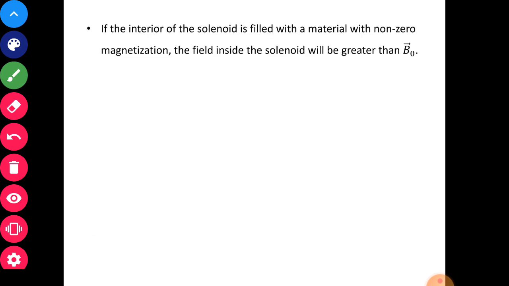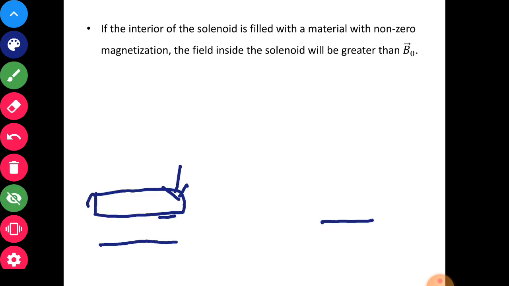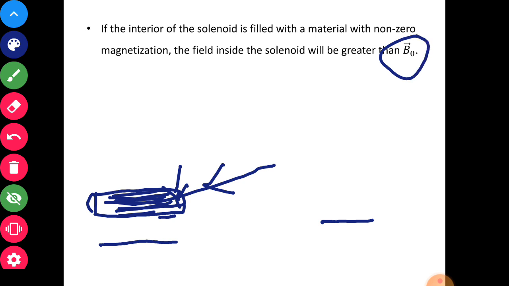Now in the interior of the solenoid, say this is your solenoid, now the interior of the solenoid is filled with some material with non-zero magnetization, means it has some magnetic moment per unit volume. Then the magnetic field inside will be greater than the value B0.